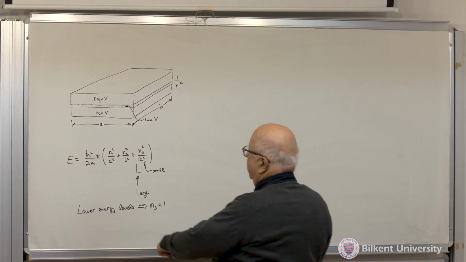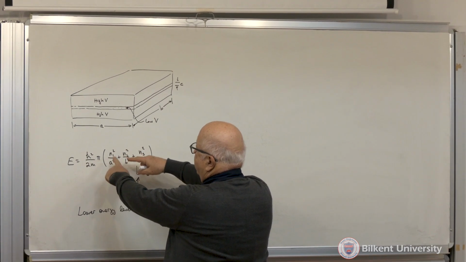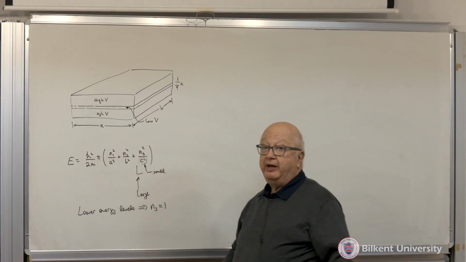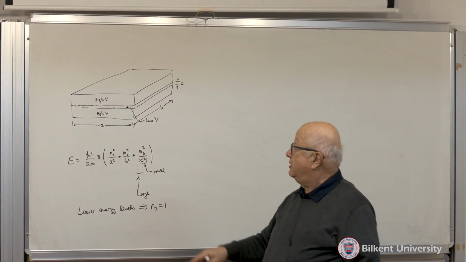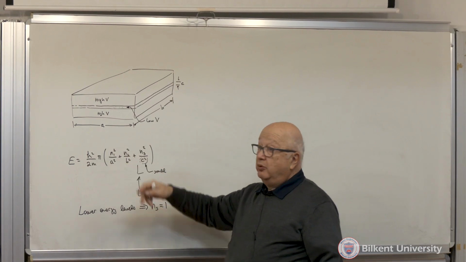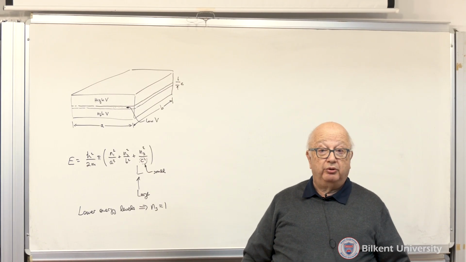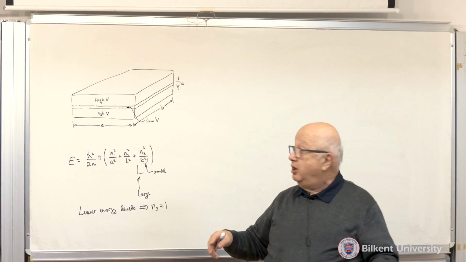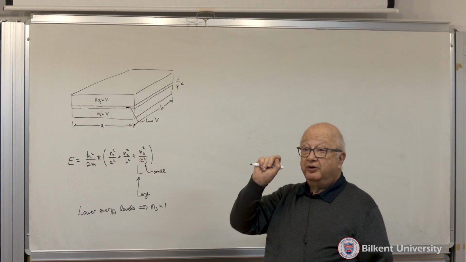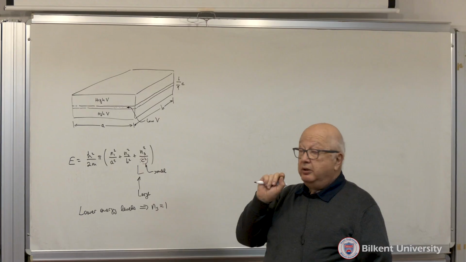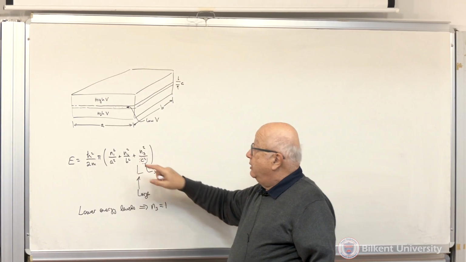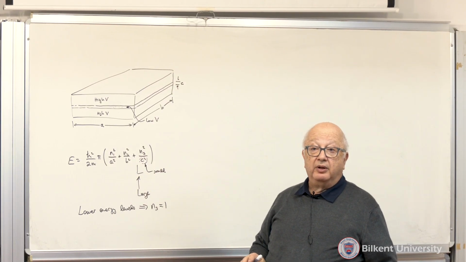And then on top of that, you have these other energy levels which correspond to rather large values of A and B. So if this is something that comes out of the lab, these things are at least of the order of millimeters, right? So A and B are quite large, but the thickness is extremely small, of the order of nanometers. So there's a big order of magnitude difference between the AB and C.